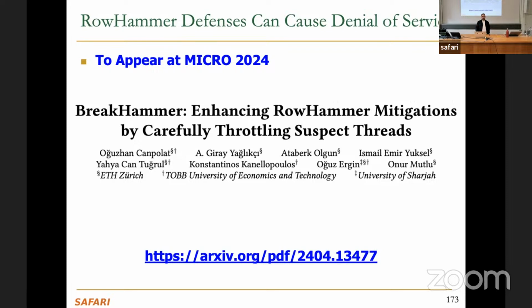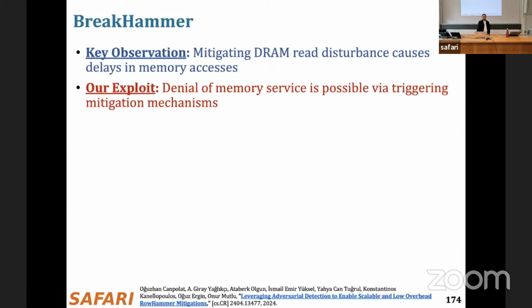We have an upcoming paper that reduces the performance overheads of existing RowHammer mitigation mechanisms by throttling the suspected threads, which will appear in MICRO next month. So it's not published yet, but I can quickly summarize it. Our key observation is that RowHammer mitigation has significant performance overheads, and it's a new attack surface for exploits like denial of service.